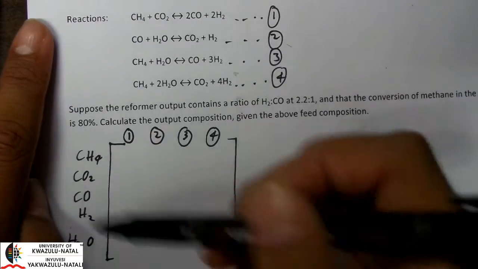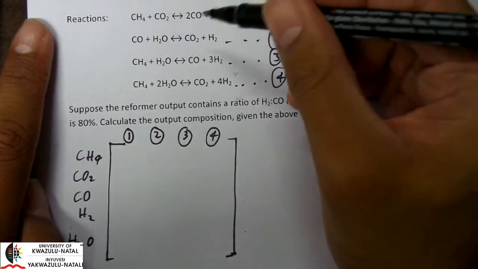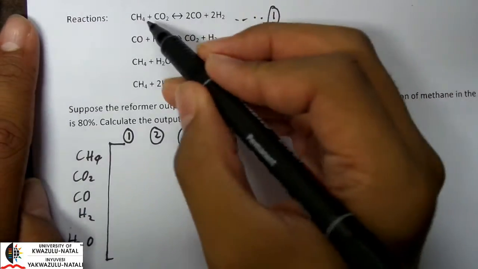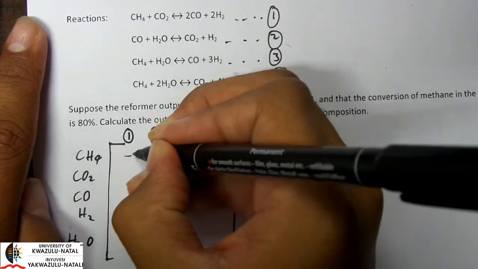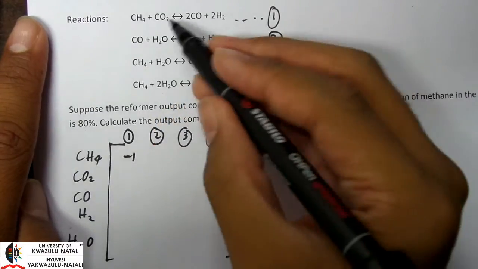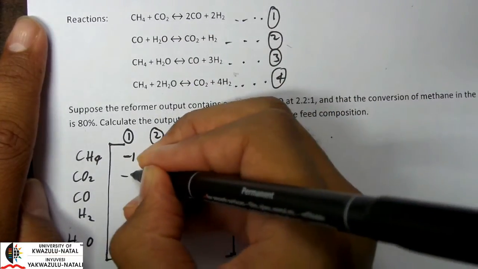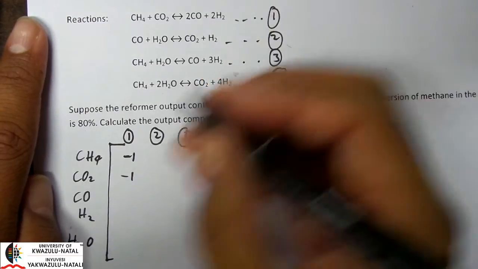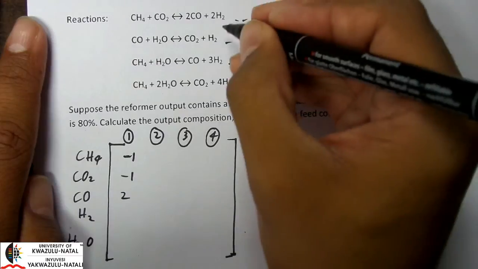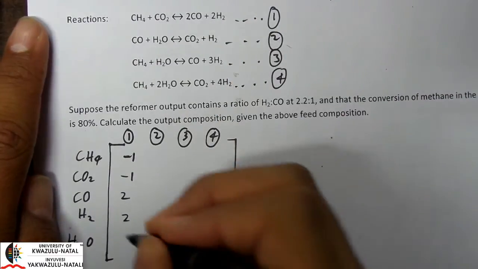Okay, so let's populate this matrix. For reaction 1, for CH4, that will be a -1 stoichiometric coefficient. The same for CO2. CO is a product, so that's 2 there. And H2, that will be a 2 there.